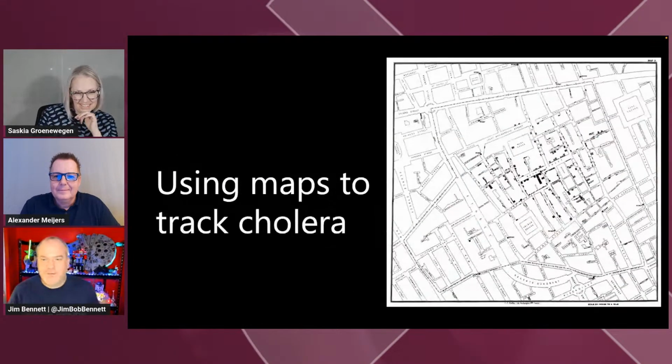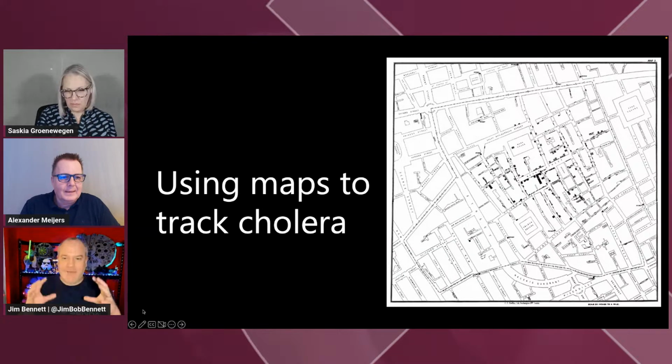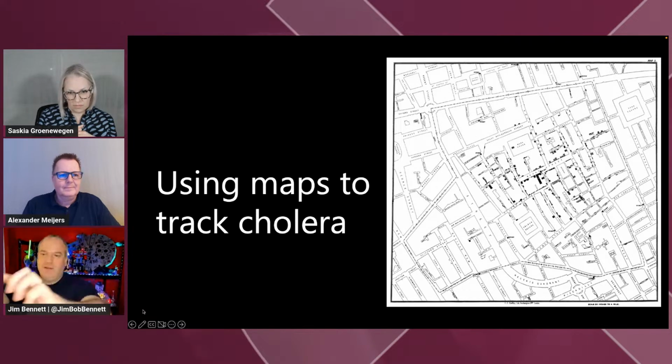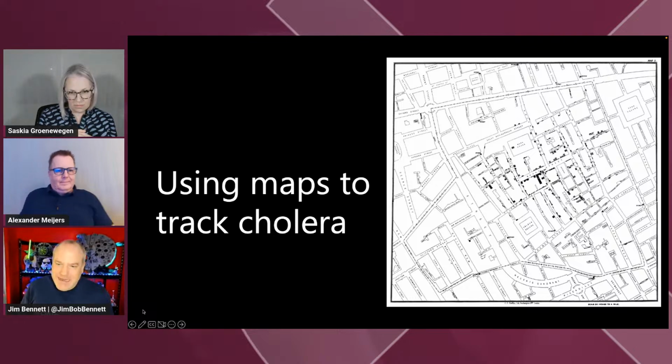Yeah, the fact that you've got the streets here, and he was able to pinpoint quite accurately where everything was happening, and it's quite obvious when you look at this. It's all centered around one point. You could almost literally just move a circle around until you find the central point, and that central point is Broad Street, and the pump is literally right here in the middle. So just very quickly going, okay, I think it's water.